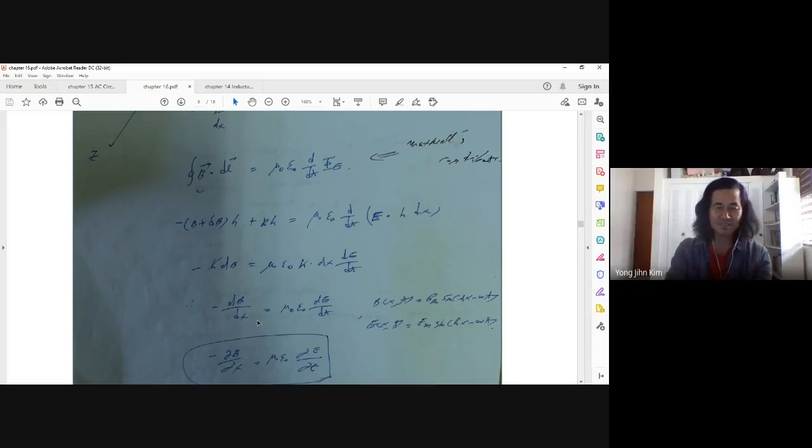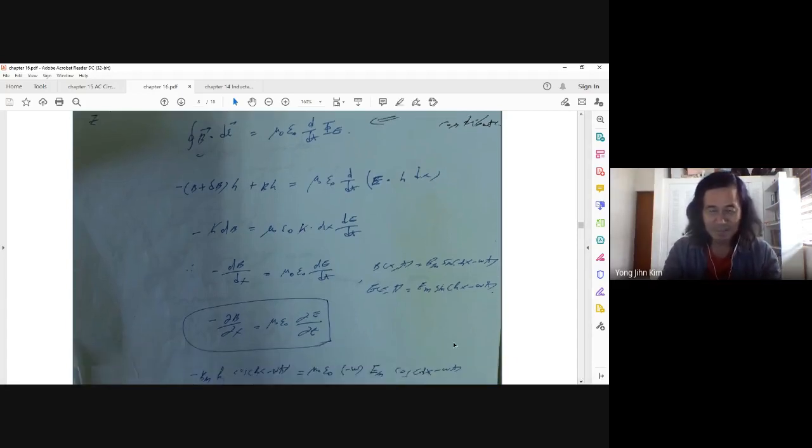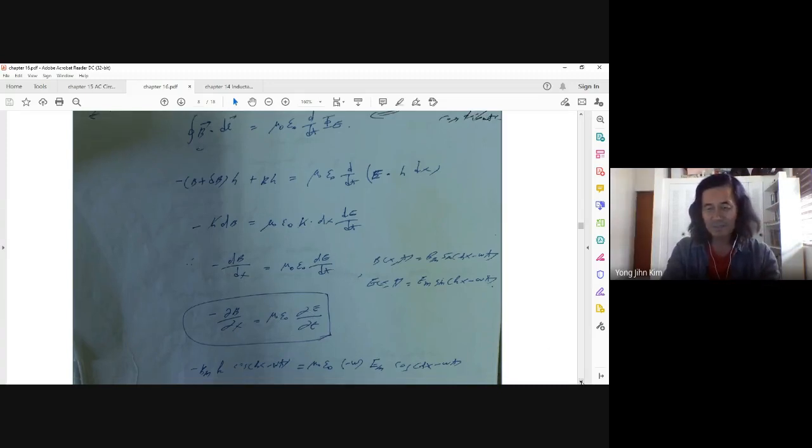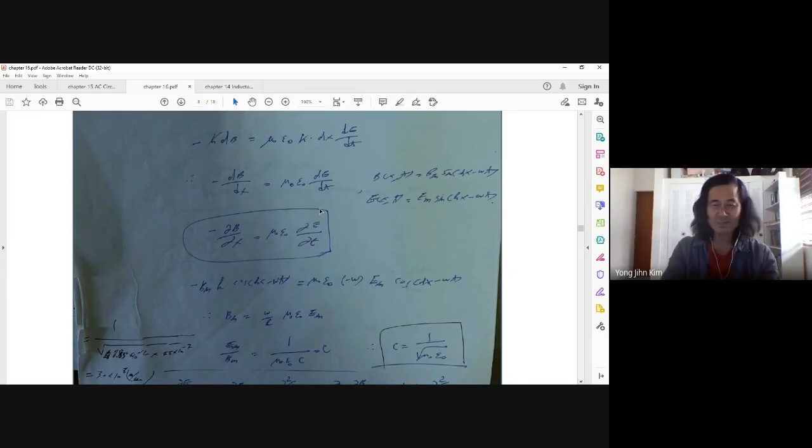That is mu 0 epsilon 0 d E over dt. And then again, we are talking about partial derivative. So minus round B over round x is mu 0 epsilon 0 round E over round t. And we substitute electric field and magnetic field here.